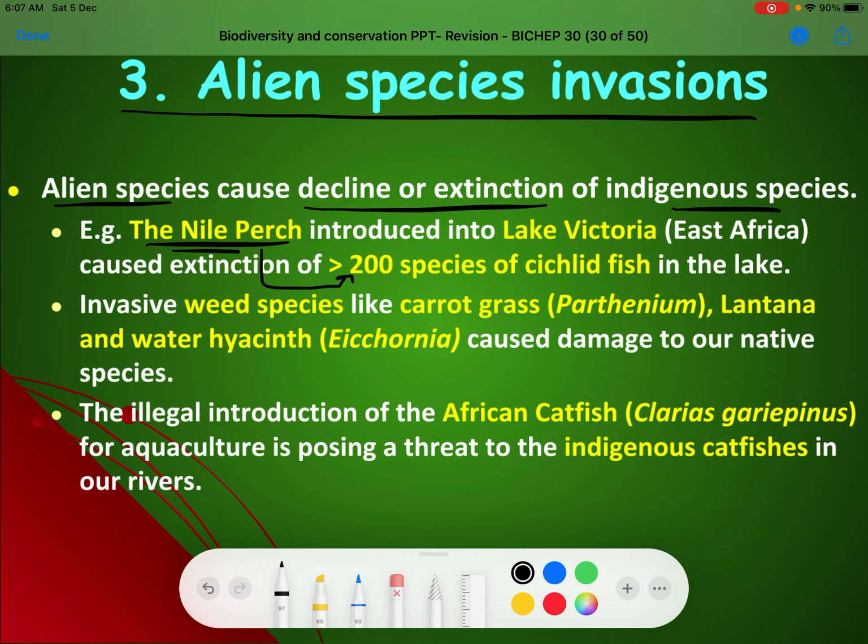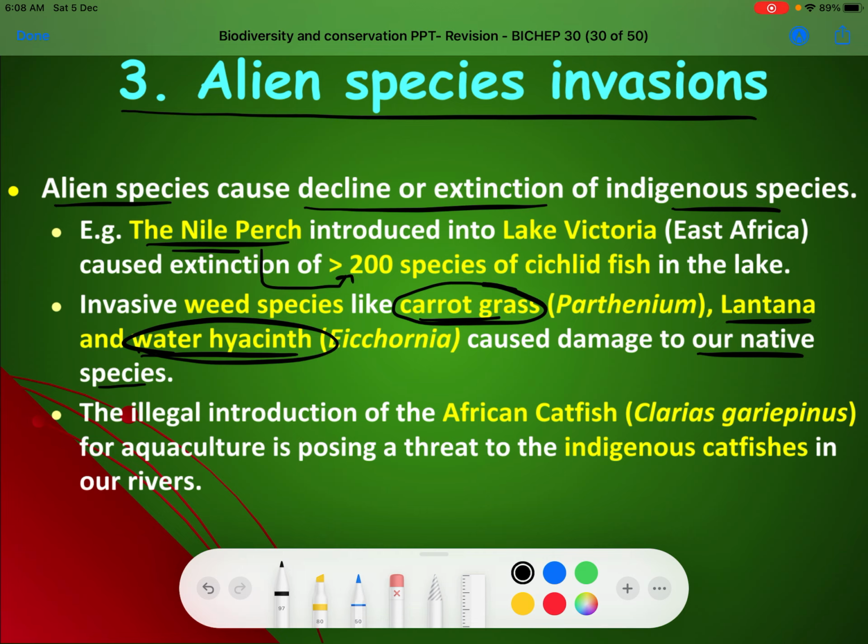Now, invasive weed species like carrot grass, that is Parthenium, Lantana or water hyacinth, that is Eichhornia, cause damage to our native species. Carrot grass is found on land, and water hyacinth is found on the water surface.